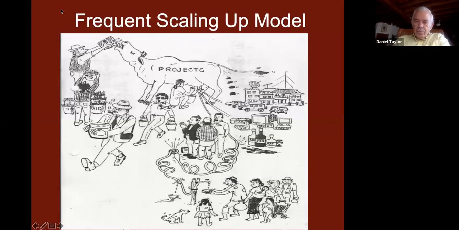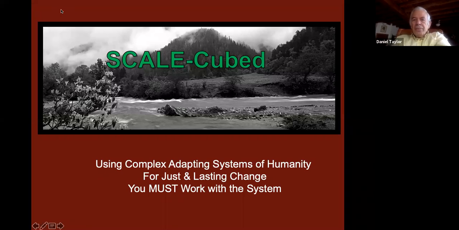Scale cubed is learning how to work within the complex adapting systems of humanity, okay? Human beings are unpredictable. Our systems cannot be controlled, especially right now in the global world.